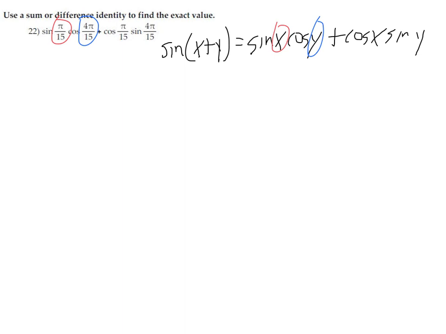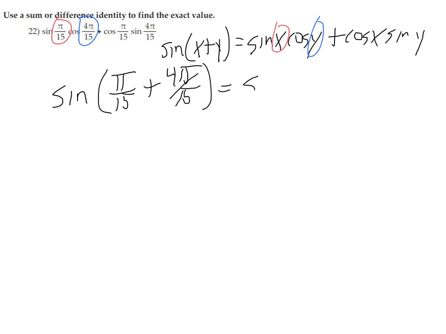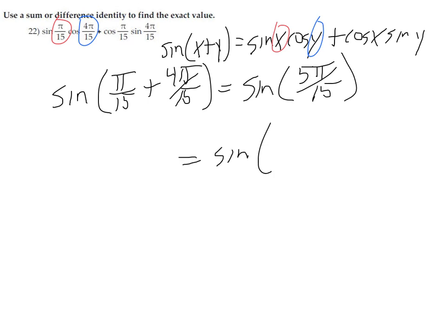Okay, so we have sine of x pi 15ths plus y 4 pi 15ths, and this equals sine of 5 pi 15ths, which reduces to sine of pi thirds, which is a unit circle value, square root of 3 over 2. That's it. Alright, next question.